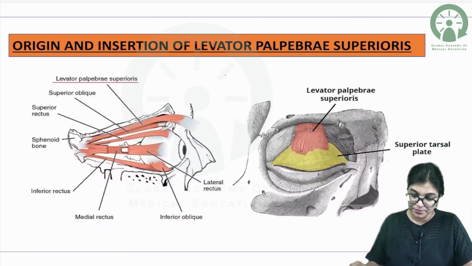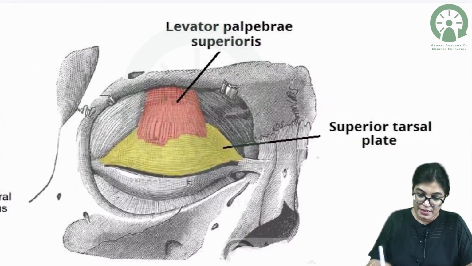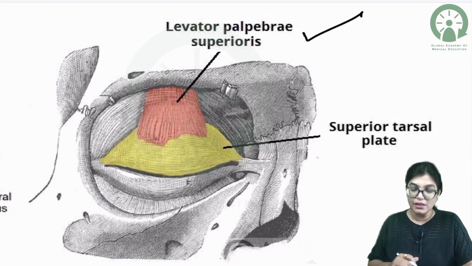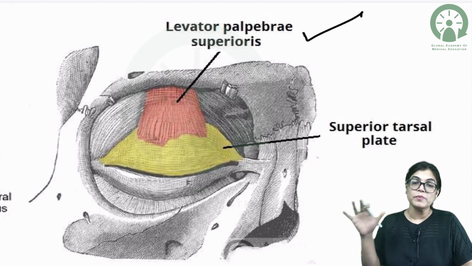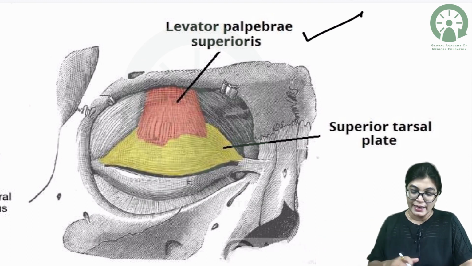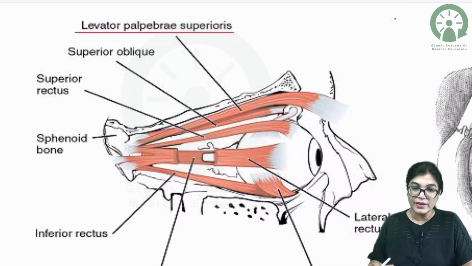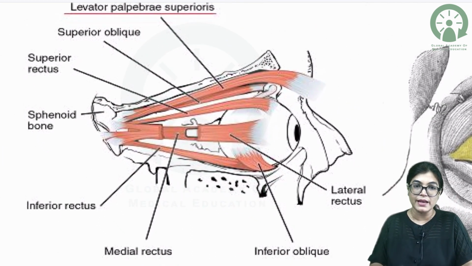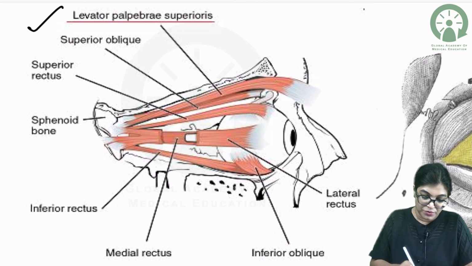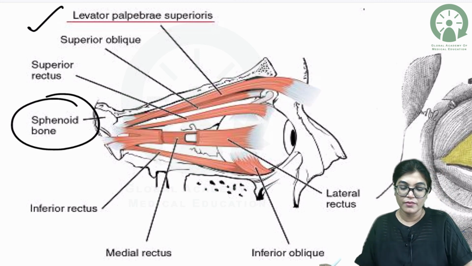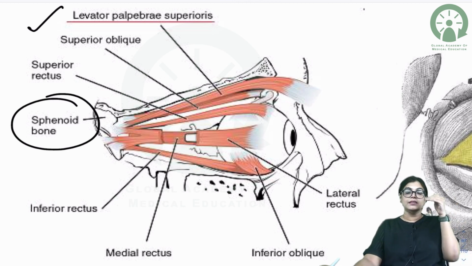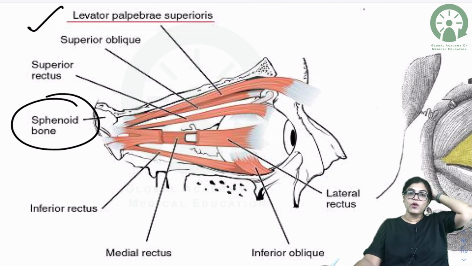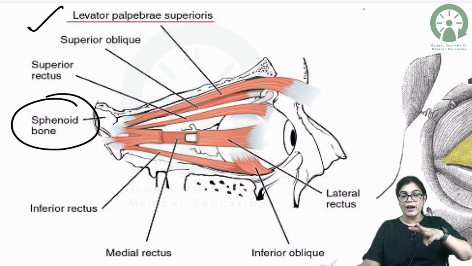For that, see here, this is the levator palpebrae superioris muscle, which is inserting into the superior tarsal plate and also in the eyelid. In this diagram you can see it is originating from the sphenoid bone. Actually, levator palpebrae superioris originates from the under surface of the lesser wing of the sphenoid bone, inserting in the form of 3 lamina.